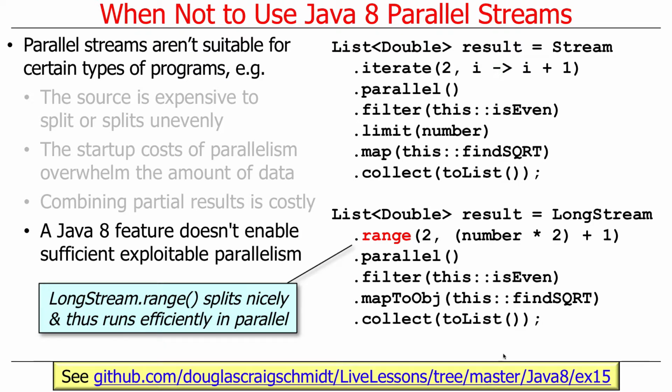We run this in parallel, we filter out the even numbers, we get their square roots, and we collect that to a list. This runs way faster, and the reason is that range works on an array representation, which splits nicely and efficiently and runs really, really well in parallel. So this is much, much faster than the approach shown up here.